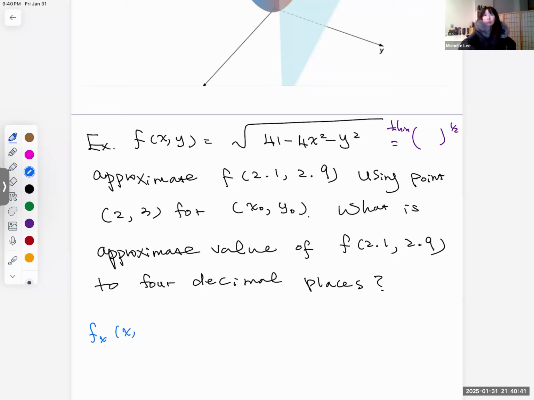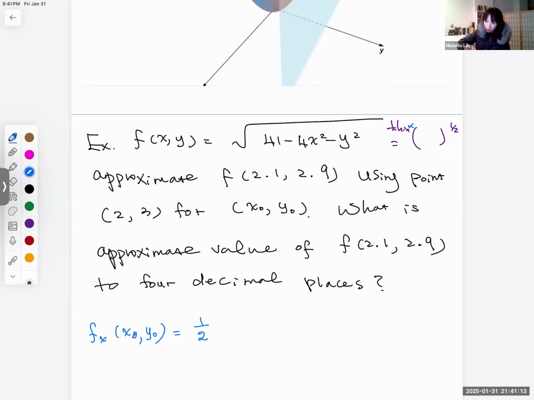X naught, y naught. So x naught, y naught. Okay, so I mentioned that for the square root, we can use the power of 1/2. All right, so we want the derivative, then we drop the power, so 1/2.